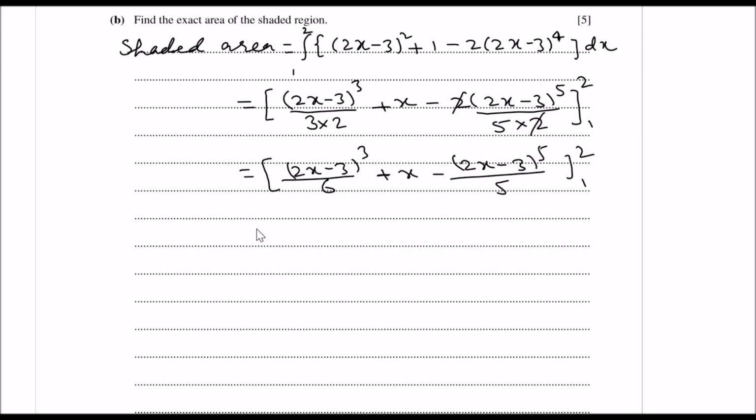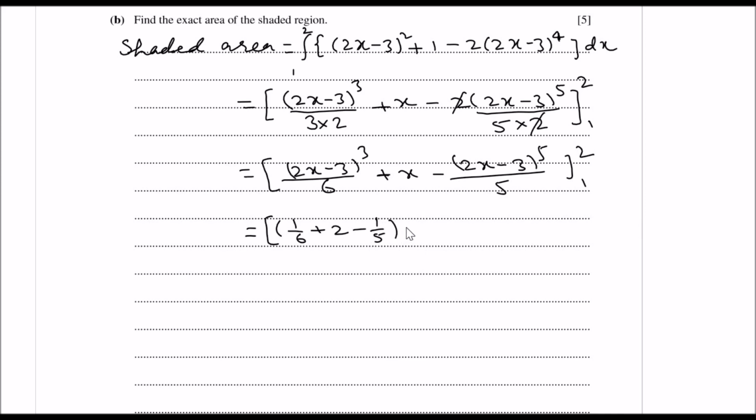Now if we put the limit x equal to 2, we get 1 by 6 plus 2, and for the third term also we get minus 1 by 5.